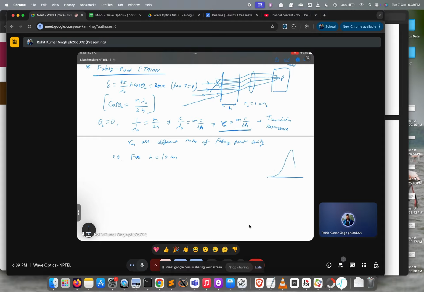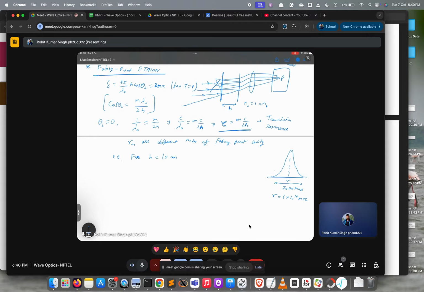This is your incident light. It has a central frequency of 6 into 10 to the power 14 megahertz and a spectral width of 7000 megahertz.